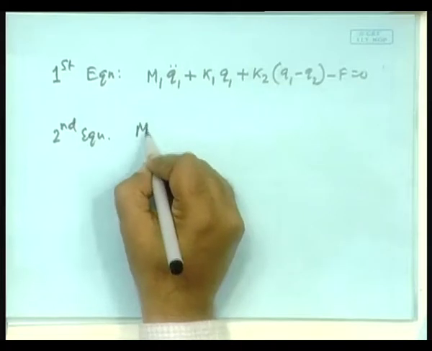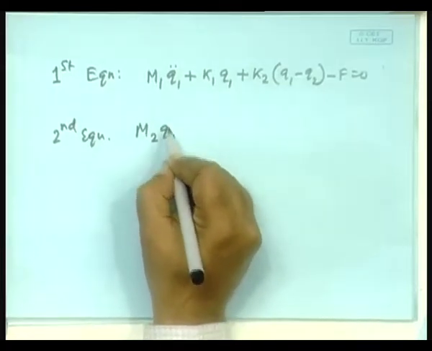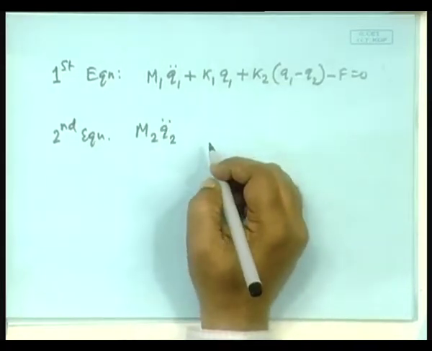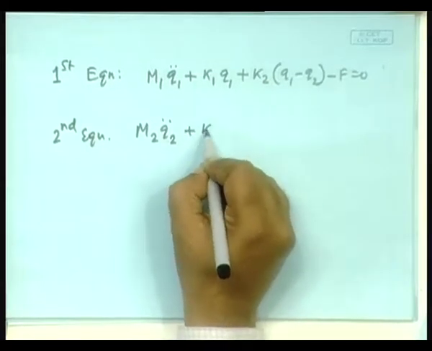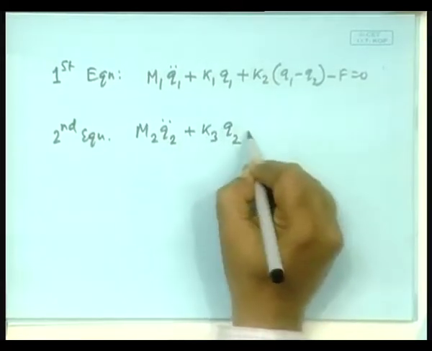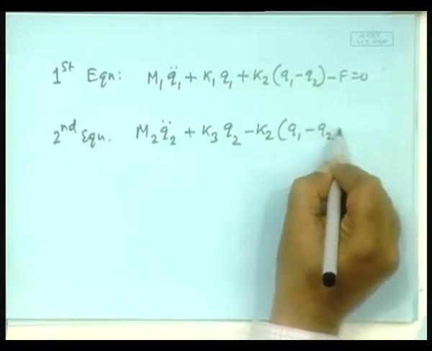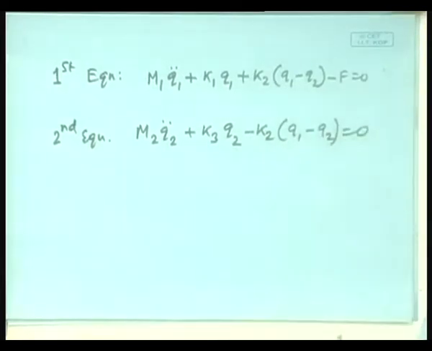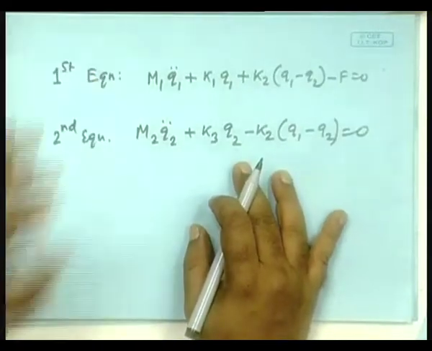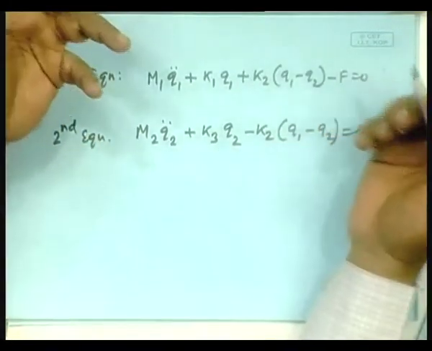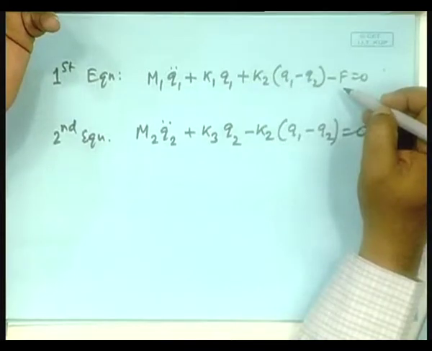It will be m2 q2 double dot plus k3 q2 minus k2 (q1 minus q2) without any difference. So, it is trivial to take into account the external forces.